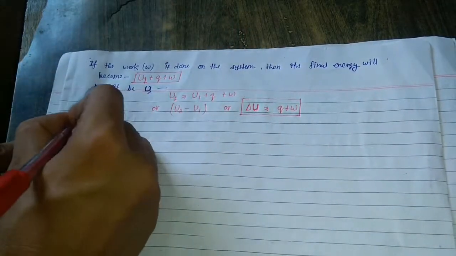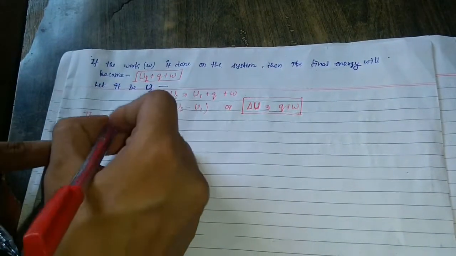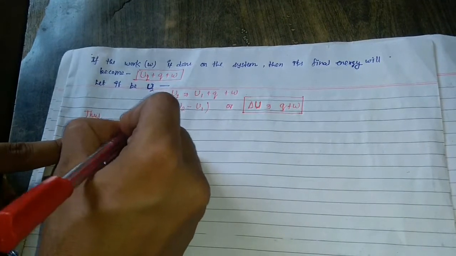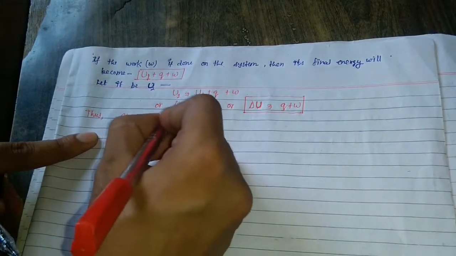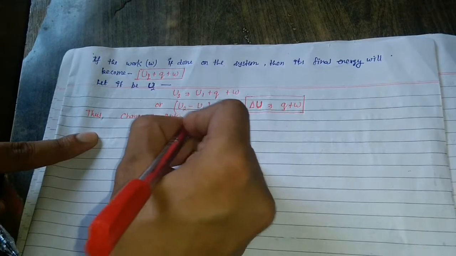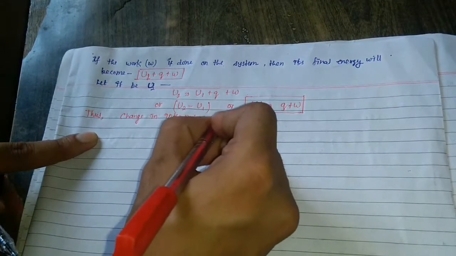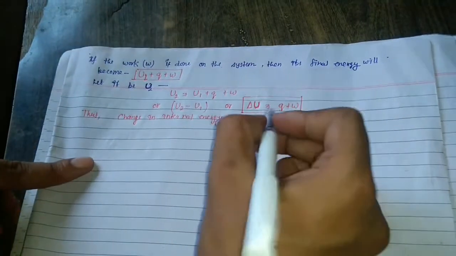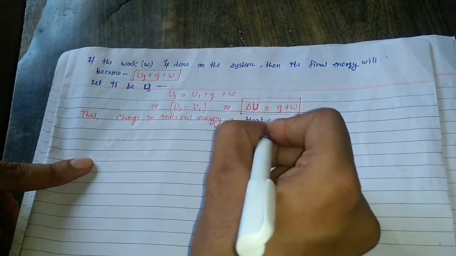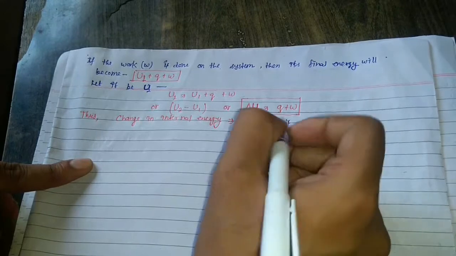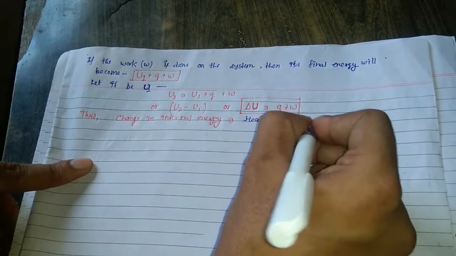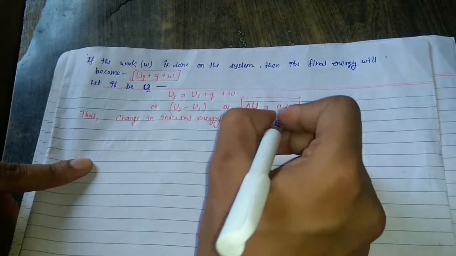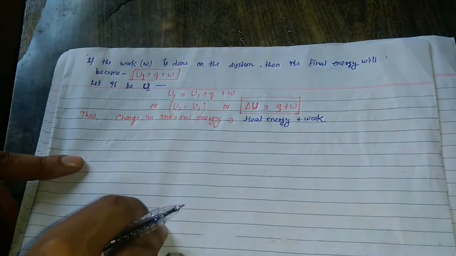So the final is change in internal energy equal to heat energy plus work, as the above equation mentioned here.